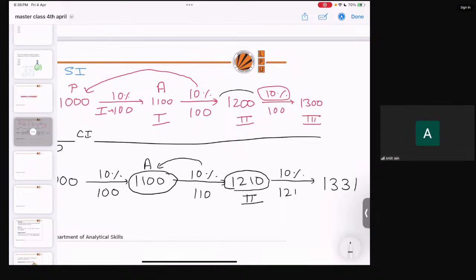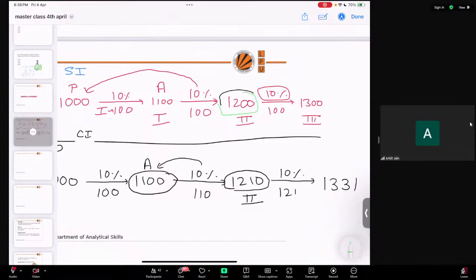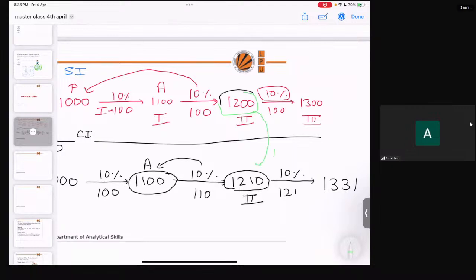Here the amount after the second year is 1200, but here the amount after the second year is 1210. So there is 10 rupees extra in case of CI. Here the amount after the third year is 1300, but here it is 1331. So here we get 31 rupees extra after the third year.